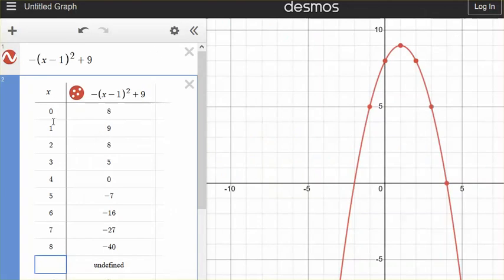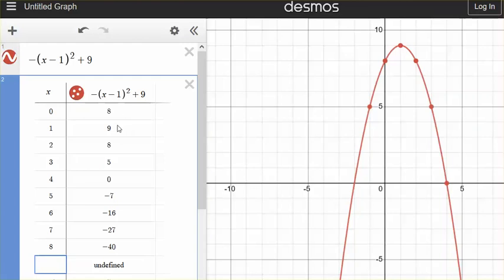Now to evaluate this, what we would do is stick each x value into our equation. So here I actually went ahead and made a table in Desmos just to show it a little bit easier. So when x is 0, 0 minus 1 is negative 1, squared is 1, but we have a negative, so it'd be negative 1 plus 9 gave us 8.